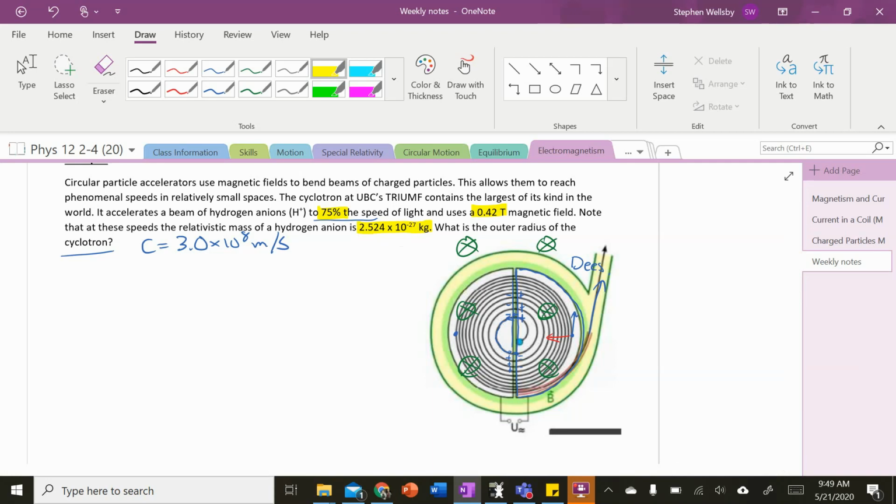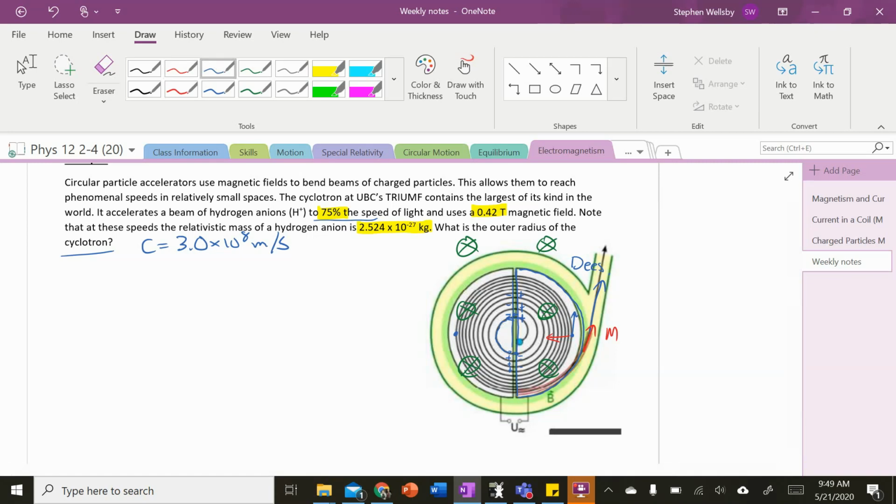So then the question is, what is going to be the radius? At this outer edge, we know the speed, the magnetic field, and the mass, and we're going to try to find the radius r. This would be a tricky question to answer.